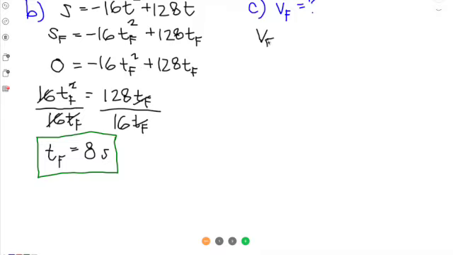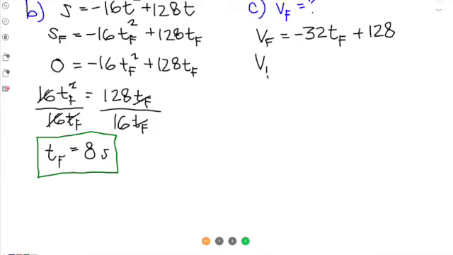So vF, the final velocity, will just be equal to negative 32 multiplied by the final time plus the initial condition, which is 128 feet per second. Okay, remember that the unit here is feet per second, so the final unit would also be in feet per second.